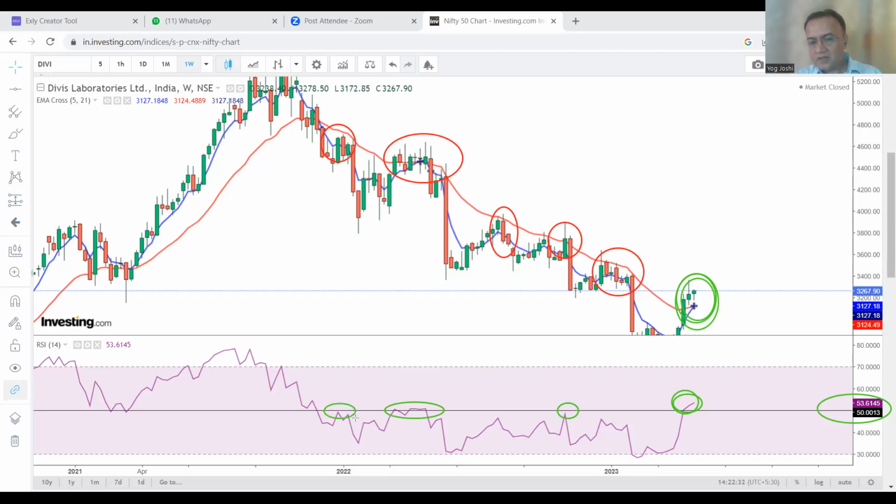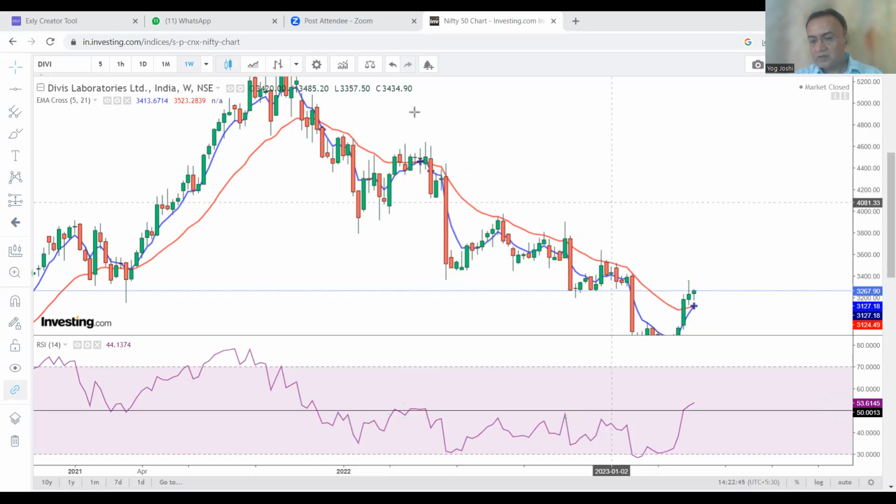So looking at the chart of Davis Lab, we can think about positive momentum in the upcoming days. Why? Because price made a clear cut positive crossover.